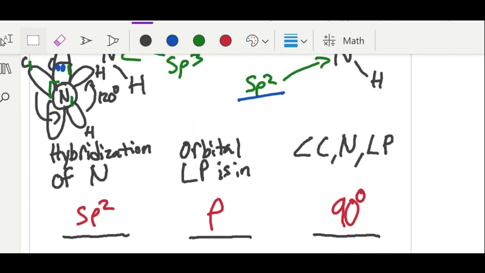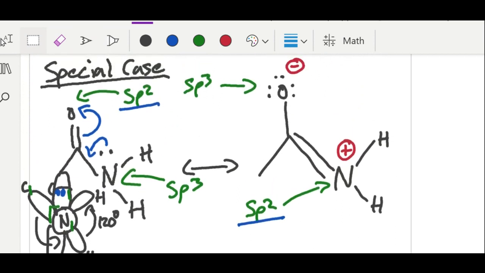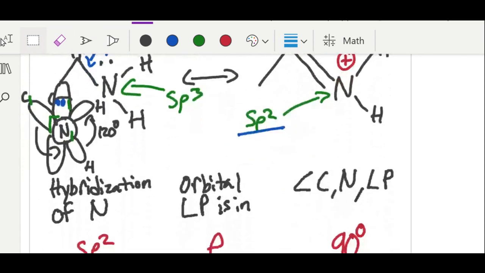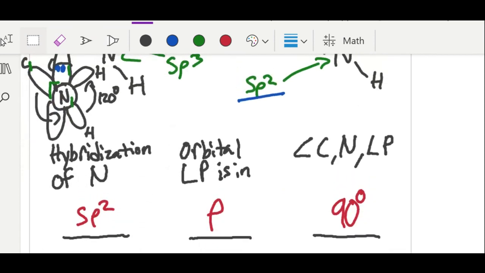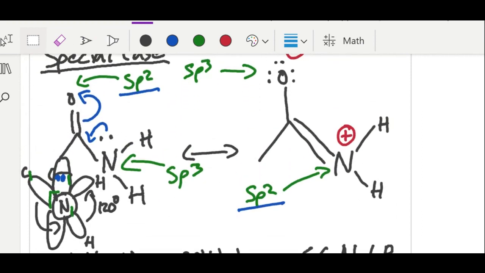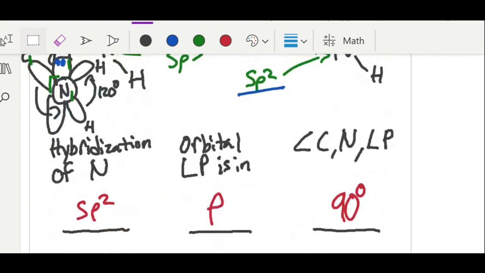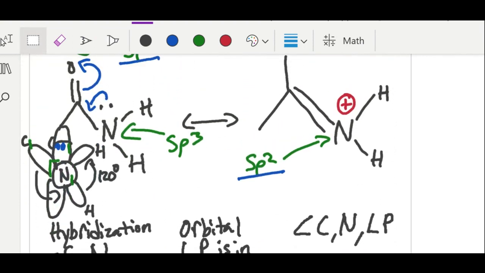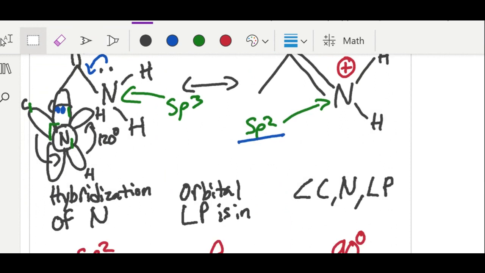So the answer to this question, with this amide, which is a functional group that we'll talk about: what is the hybridization of nitrogen? It's going to be sp2 because it can resonate. What is the orbital of the lone pair? It's going to be the p orbital because the lone pair is delocalized and it can resonate and move around.